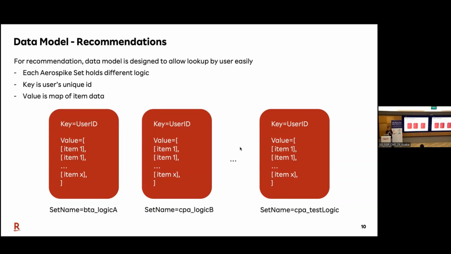For recommendation, we always have the user's unique ID as the key, and the value is a map of items. Those items are generated by recommendation logics. So for each logic, we store one set in Aerospike, and we have different kinds of ad types, so we have multiple sets in the Aerospike DB.